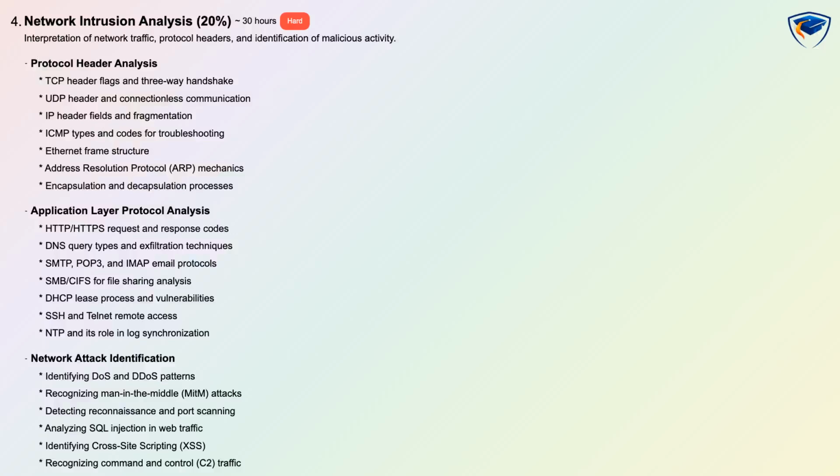Network intrusion analysis, 20%, trains you to interpret network traffic, protocol headers, and identify malicious activity and is rated hard with about 30 hours of study and scenario-based assessment. You will learn protocol header analysis for TCP flags and the three-way handshake, UDP behavior, IP fragmentation, ICMP codes, Ethernet frames, and ARP mechanics, and how encapsulation affects analysis.